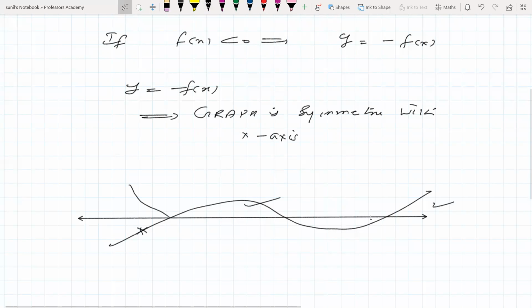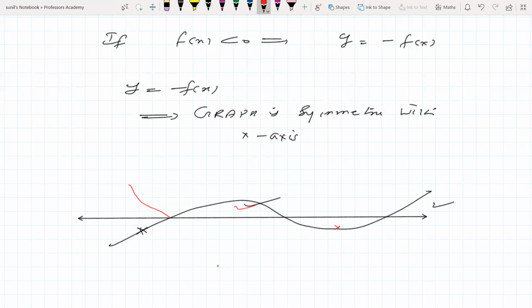So this is the graph, let me tell you, wherever the reflection should be, we want to take it. After that, this graph f(x) is positive, but here this f(x) is negative. So what will happen?